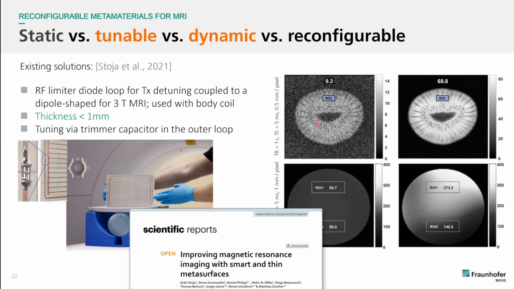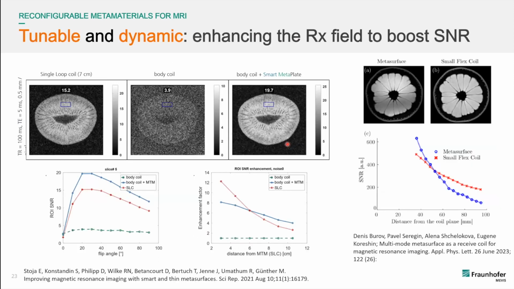And with this, you can clearly see a signal enhancement of almost a factor of 10 with and without this metamaterial. So you're putting this plate in and you're getting this image, you're removing this, you're getting this image. It's just as simple as it is. And it detunes for the transmit case. I already see I have to hurry a little bit if I want to cover everything.